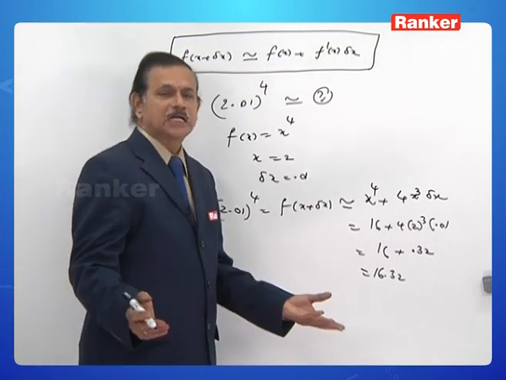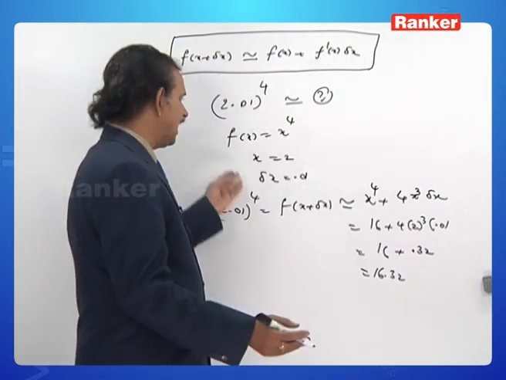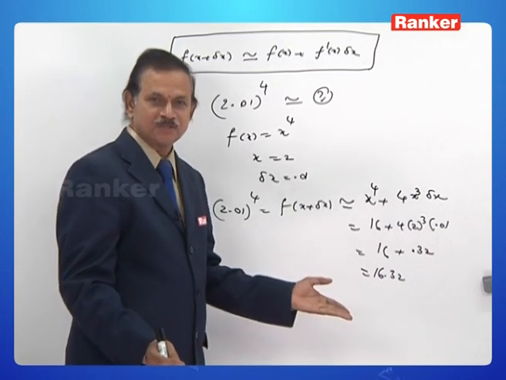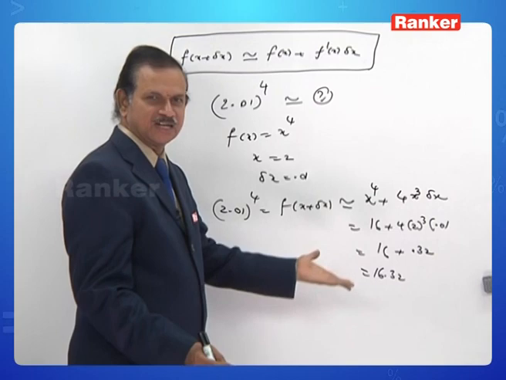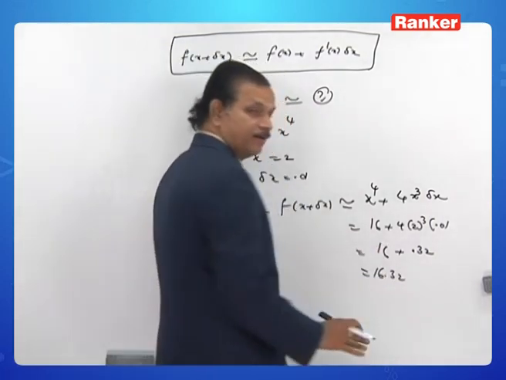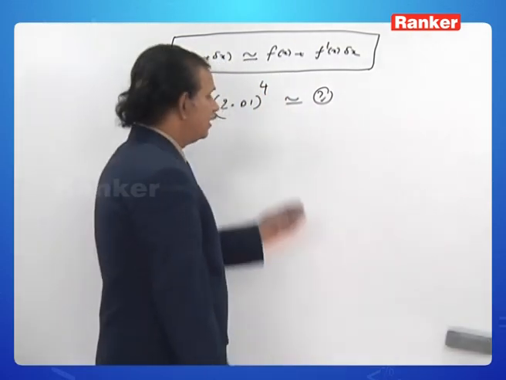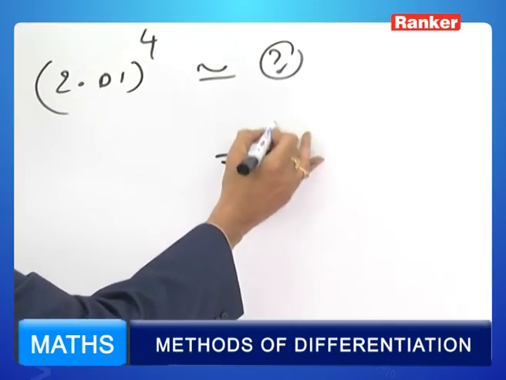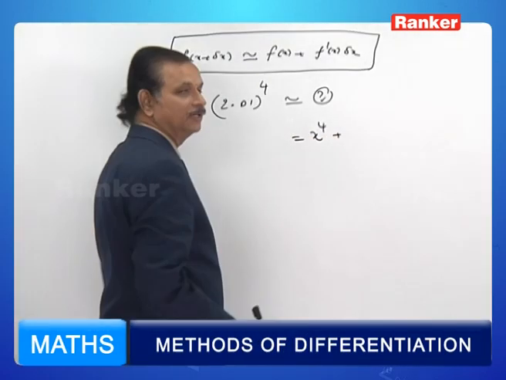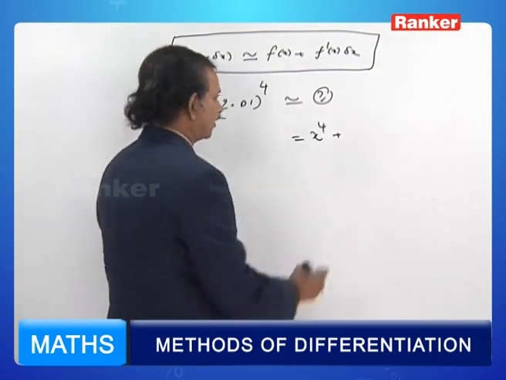To give you the clear-cut explanation only, I have made all these steps. As we could explain in the very beginning, we can have the answer directly. How? Now you observe. This looks like x power 4. F dash x, 4x cube.